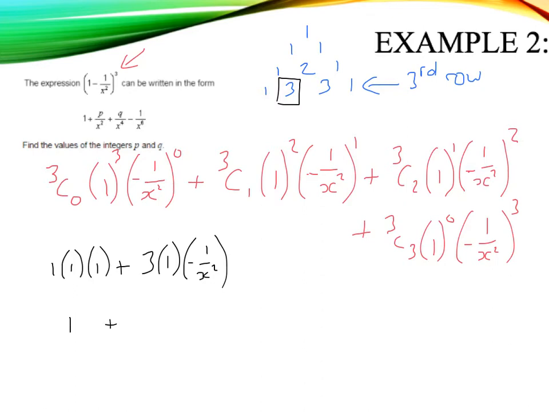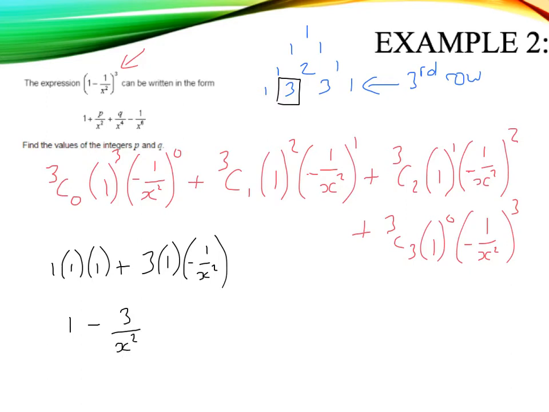Let's do that. So here we've got 3 multiplied by this term here. So it's minus 3 over x squared.